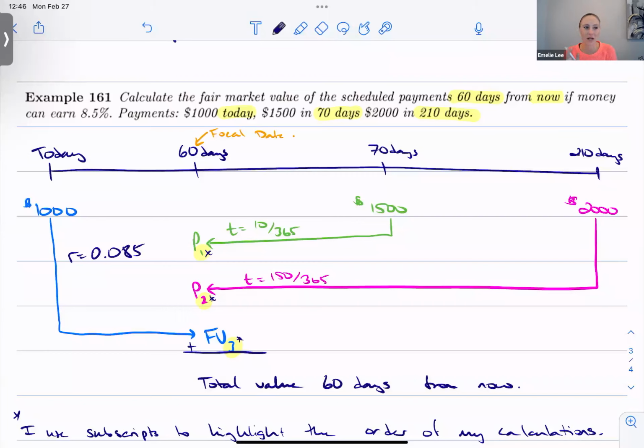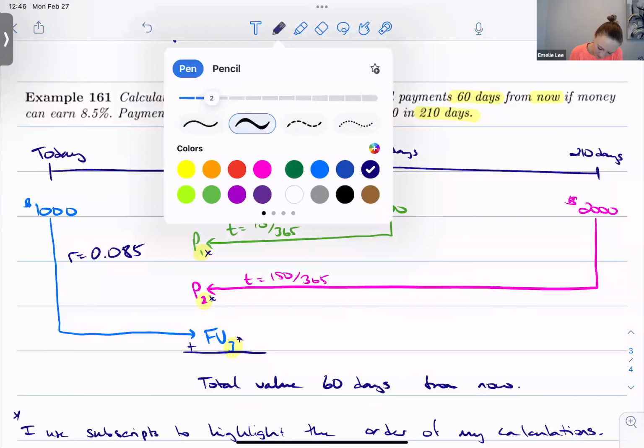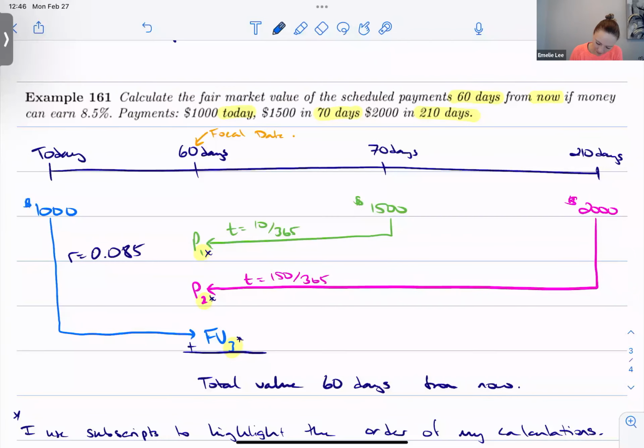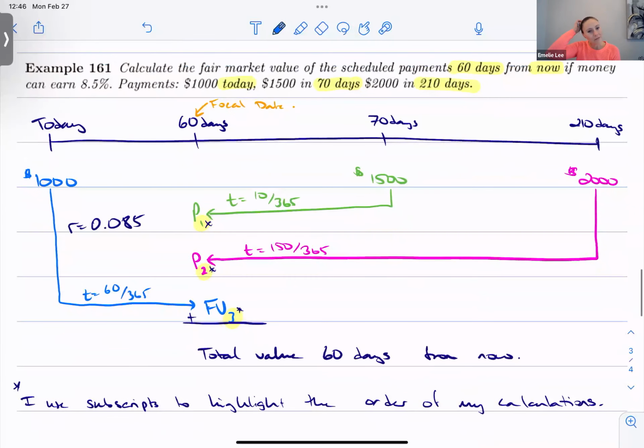I forgot to put the time on this one. Luckily it's easy: between today and 60 days from now, T is 60 over 365. Now I think I got it. We'll find out when I try to solve a problem.